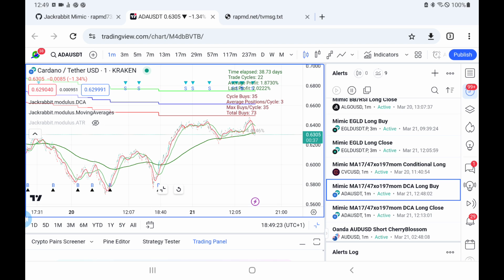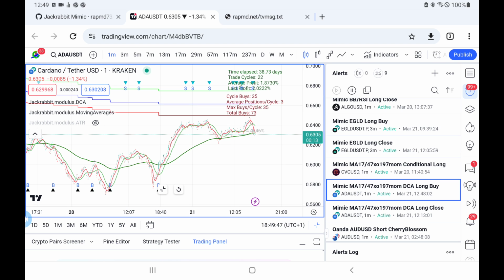So now that we've gone through the entire process of setting Mimic up and actually using it, if you have any questions, please leave them in the comments. Let me know. Remember, you don't need to pay $100 a month now to be able to test your strategies.